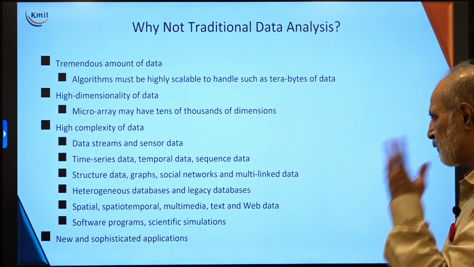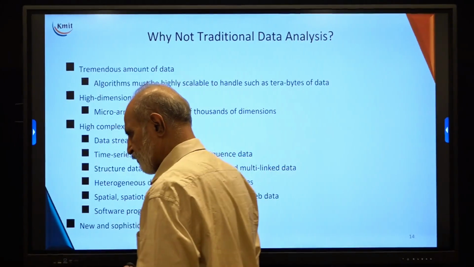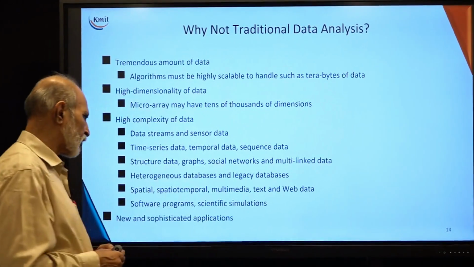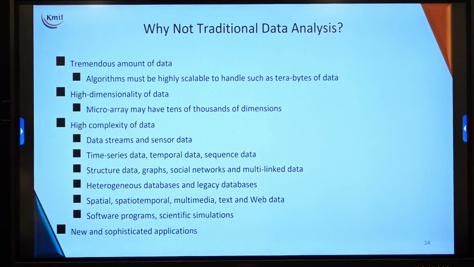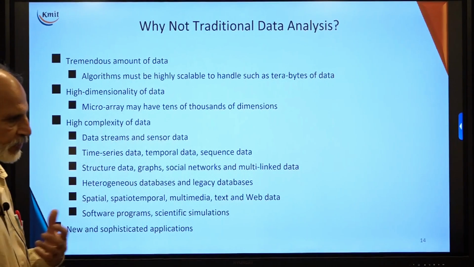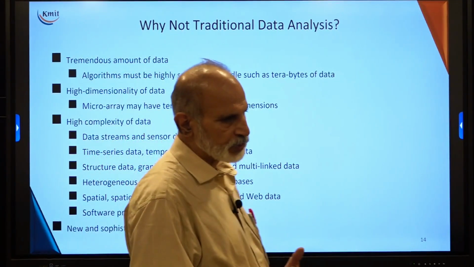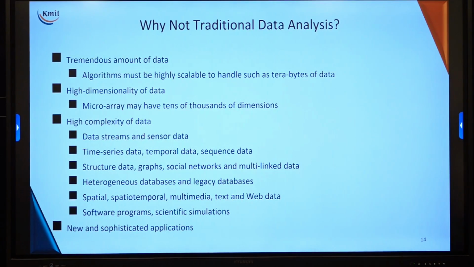For example, a bird in the sky, at what height or altitude the bird is flying, so that the aircraft can take care of a bird hitting. Okay. So, spatio-temporal. Multimedia is my audio, video, text, graphics, YouTube video. These are all our multimedia data, and of course, we know the text and web data.